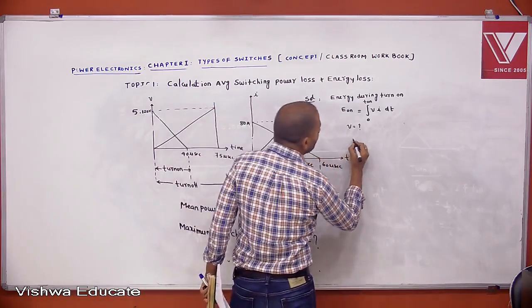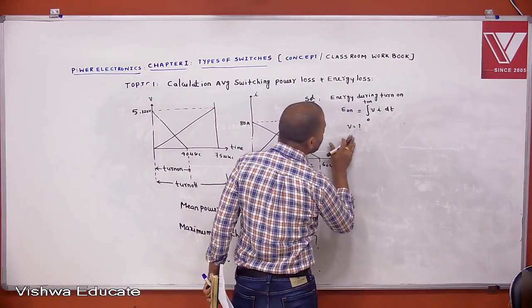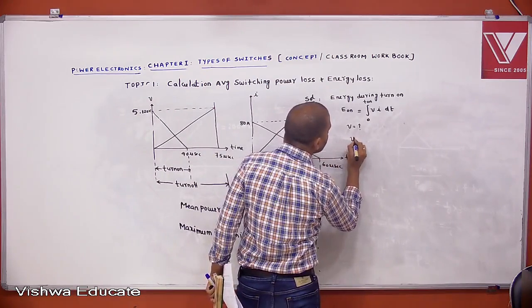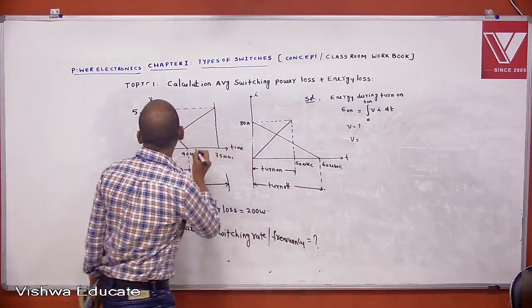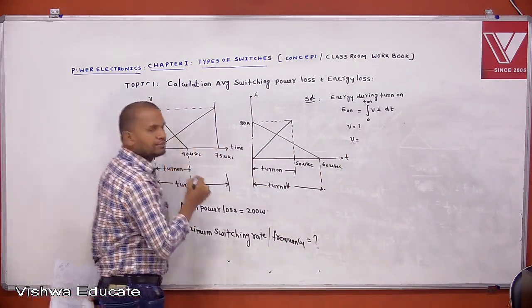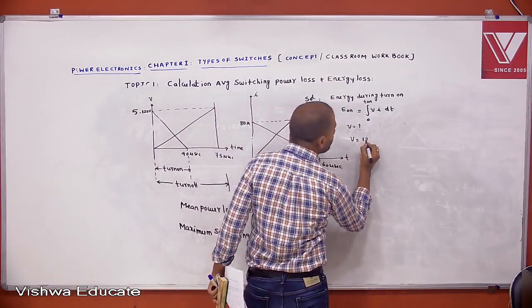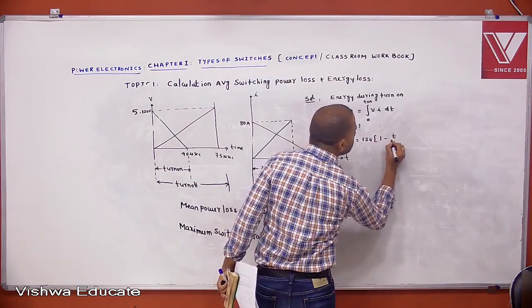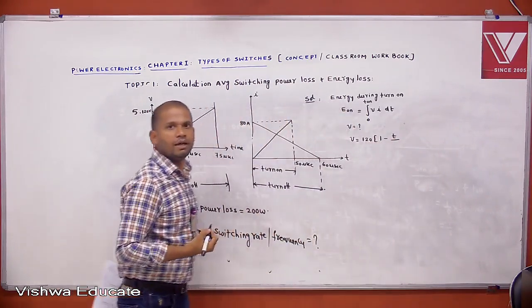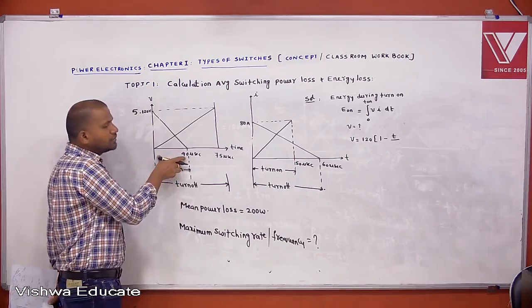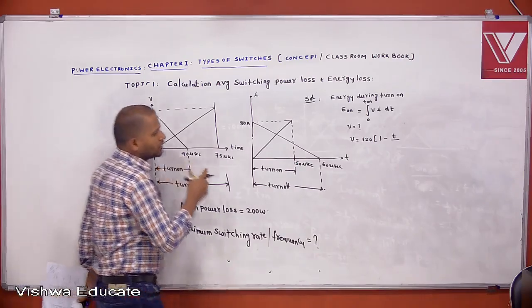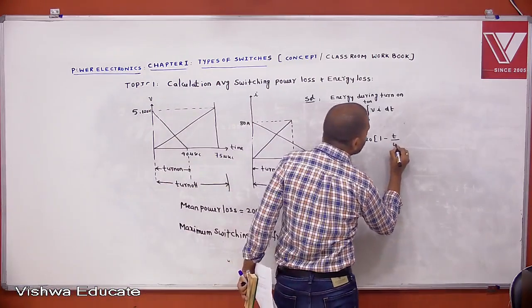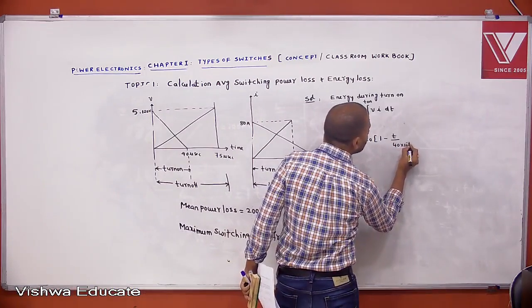Then V equals amplitude, and amplitude is how much? 120 times 1 minus T by T on, where T on is 40 microseconds, that is 40 into 10 to the power of minus 6.